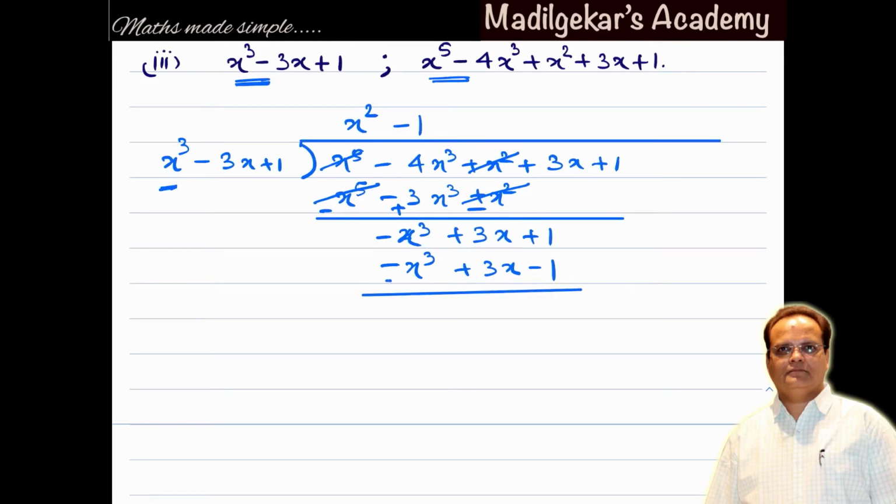Change the signs, so plus, minus and plus. x cube cancels. 3x also gets cancelled. 1 plus 1 is 2.